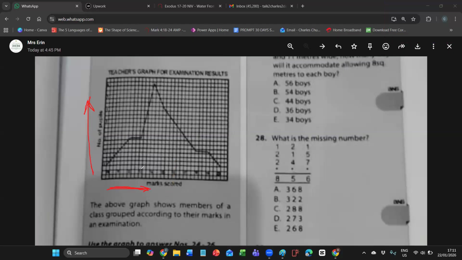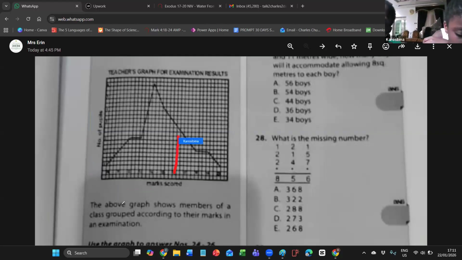Now, who can annotate where 16 is? Look at your book and annotate it here on the screen quickly. The horizontal is facing right, not up. So wait, I'm coming. Let me annotate again, please. I want you to understand what I'm doing. Which one do you say is horizontal?